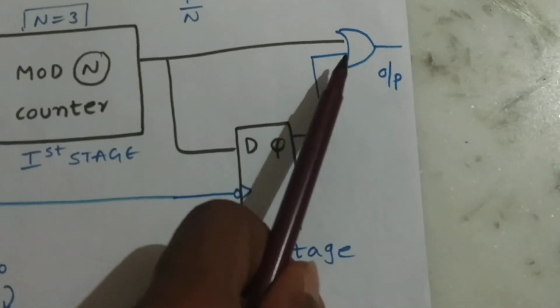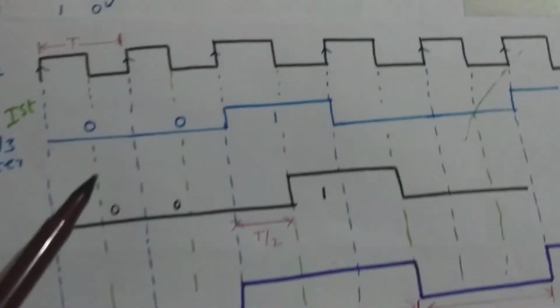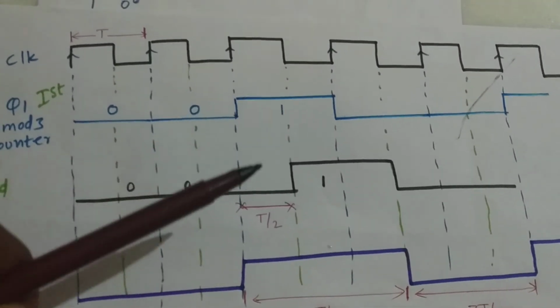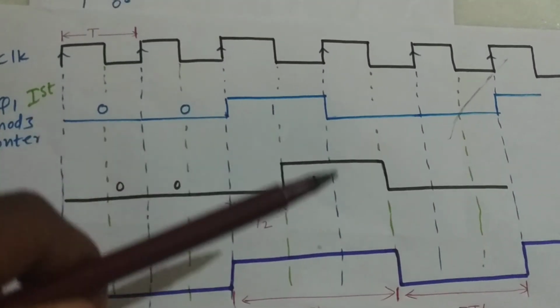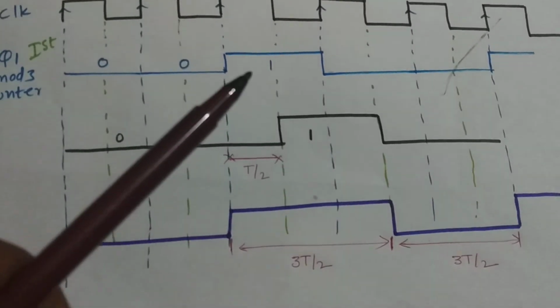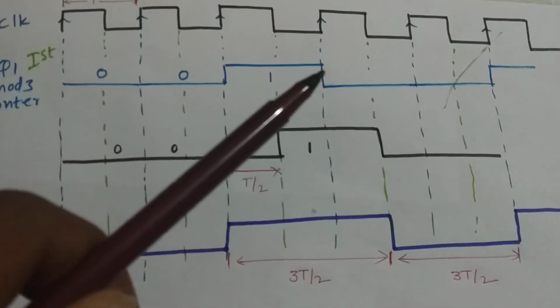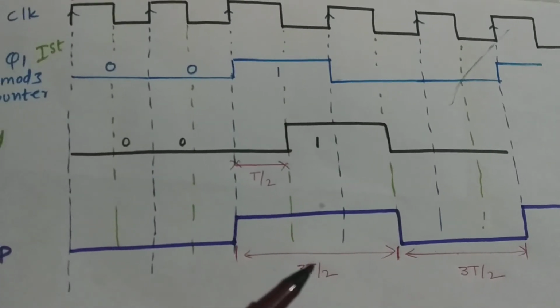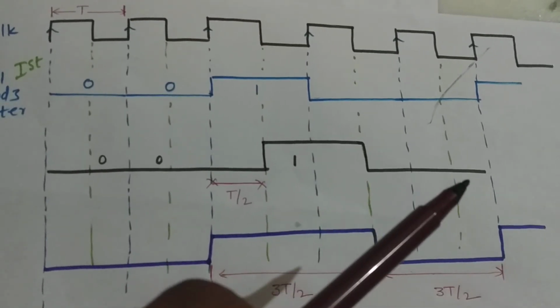We are using an OR gate to get the output. As you can see, it will be 0 0 0, 0 1 0, 1 1 1, 1 0 1, 1. So we have a time period of 1 and we have an extra T by 2 added. So we are getting 3T by 2 on and 3T by 2 off.